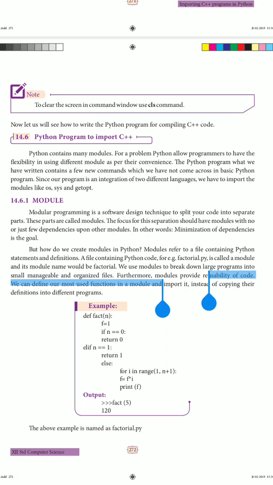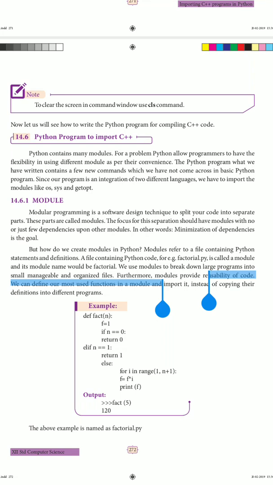Modular programming is a software design technique to split our code into separate parts. These parts are called modules. The focus of this separation should be to have modules with no or just a few dependencies upon other modules.